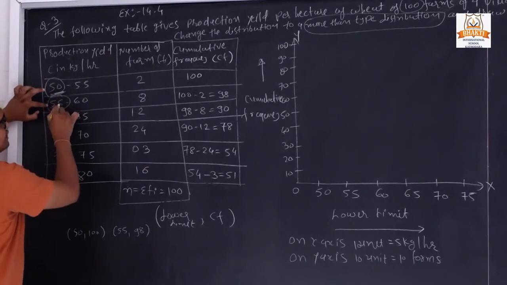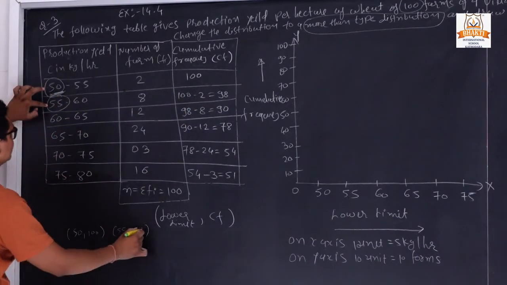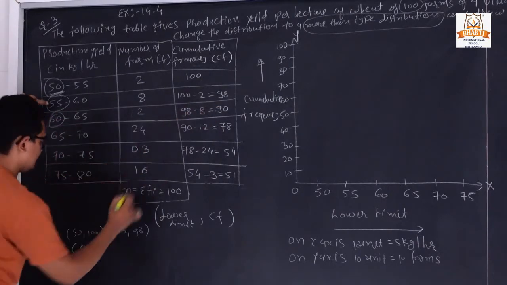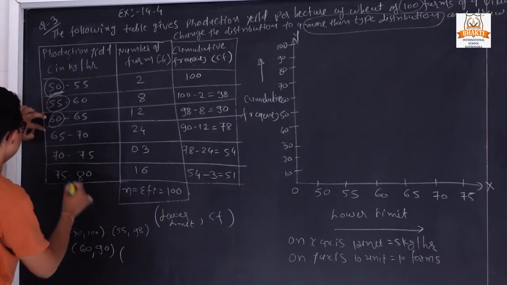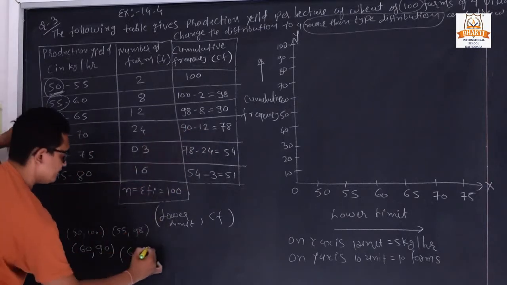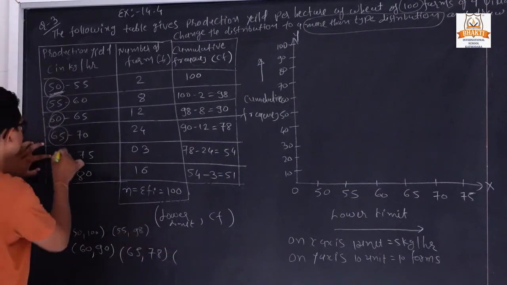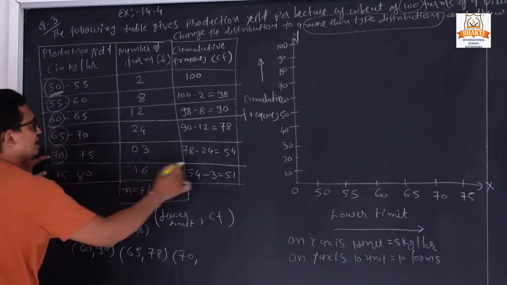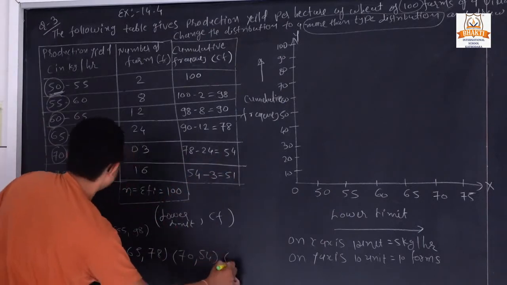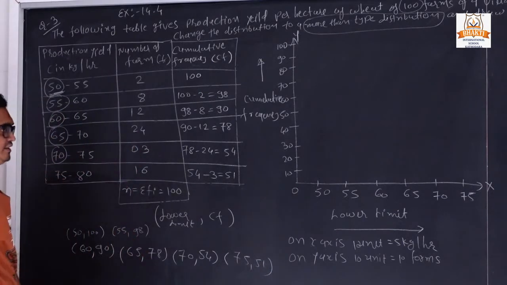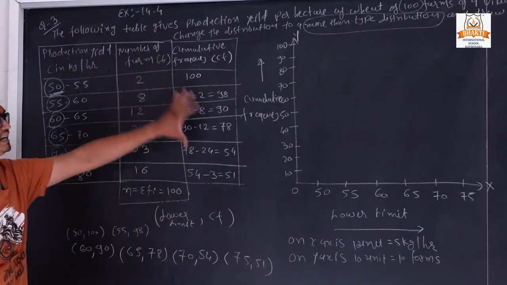Then lower limit is 55, then 98. Then 60, the answer is 90. Then 65, it is 78. Then 70, at that time it is 54. And last 75, the answer is 51. So we can get all the data like that.